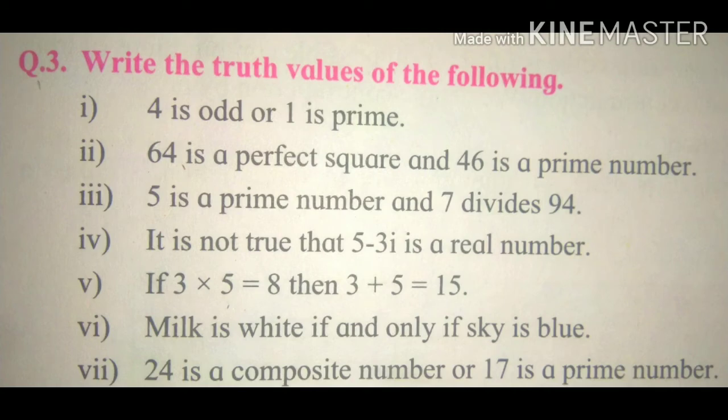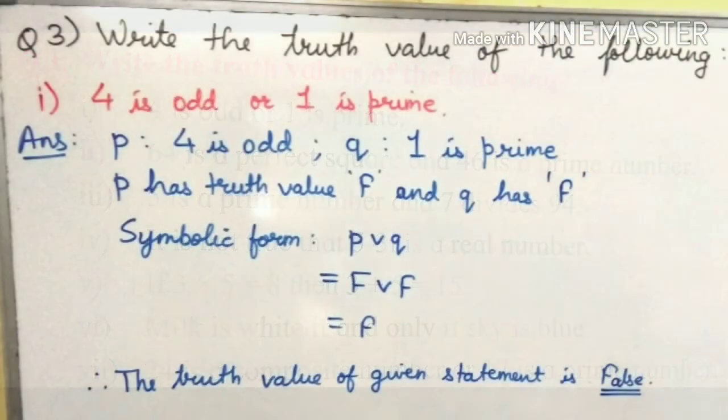Now the third exercise is write the truth value of the following. In this exercise you have to write truth value for each statement and see the truth value for the given connectives used. The first example is 4 is odd or 1 is prime. The answer is consider P as 4 is odd and Q as 1 is prime.